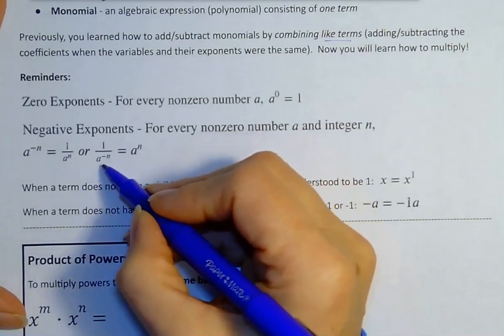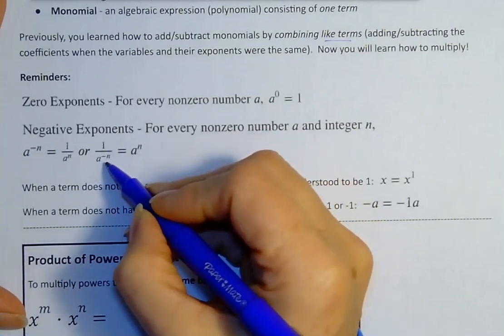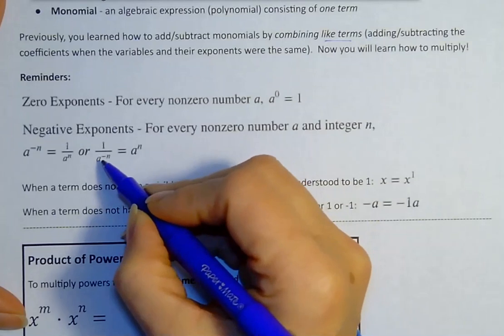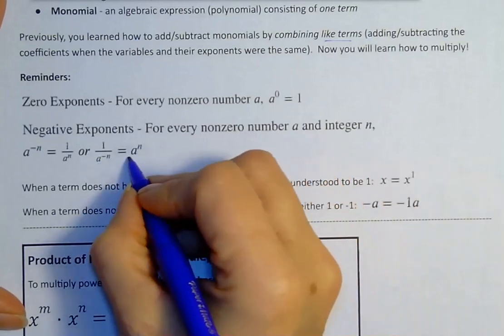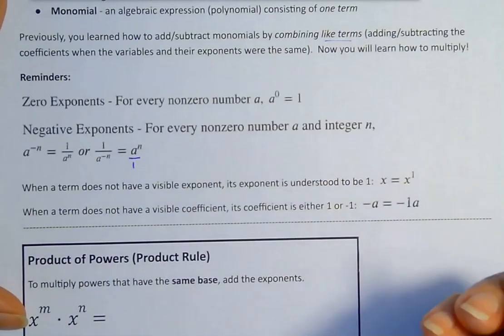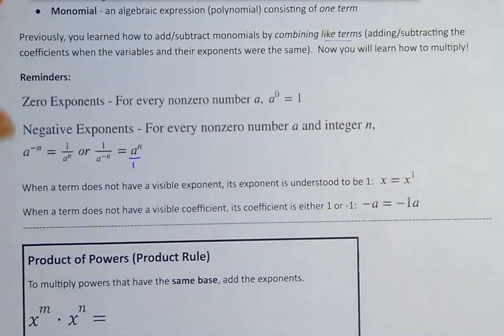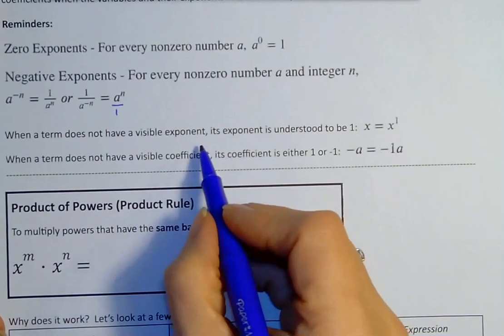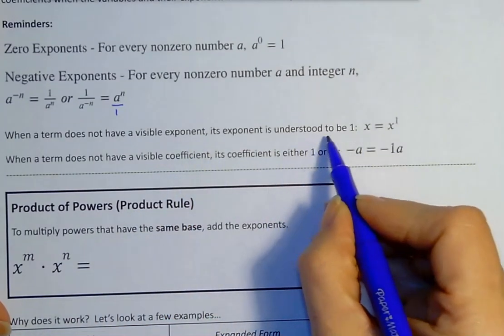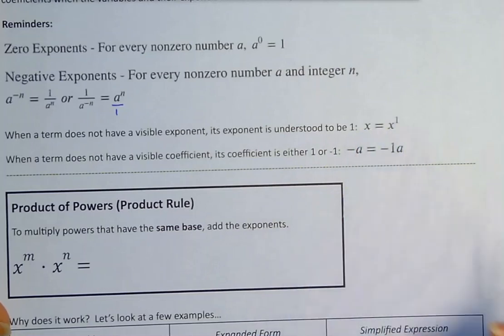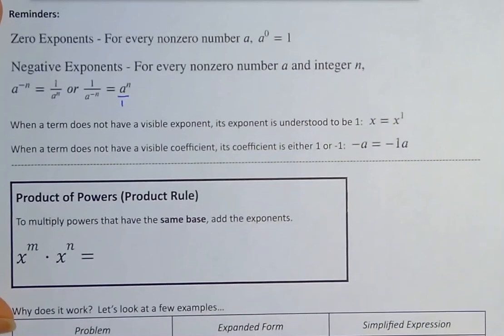Or if I start out with 1 over a to the negative n, I'm going to relocate a to the negative n and put it in the numerator. And that's the numerator just because there is an invisible 1 in the denominator. So when a term does not have a visible exponent, you assume it's 1. It is understood to be 1. X really has a positive 1 exponent.